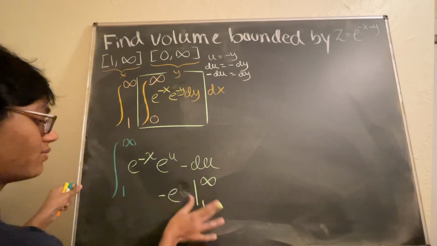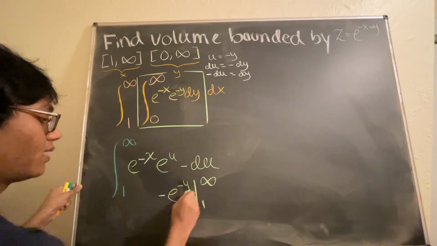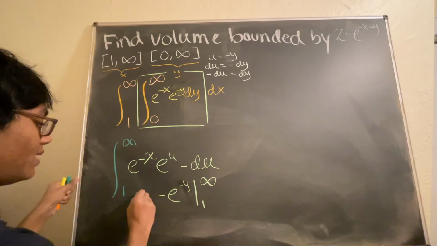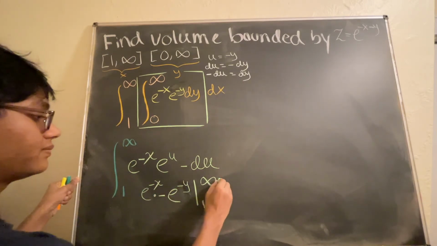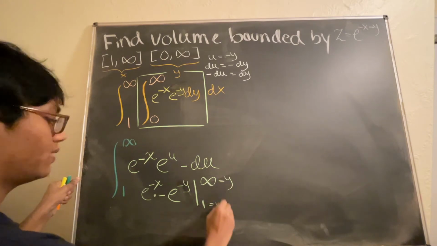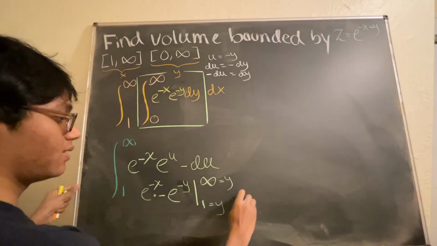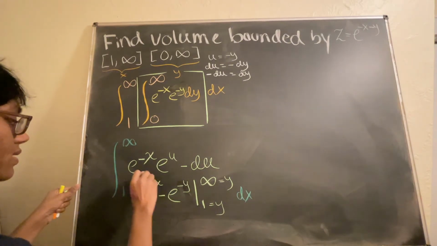So this becomes negative y. And don't forget about this e to the negative x that's being multiplied by this. And of course we're now integrating with respect to x on the outside, and we should note as such.